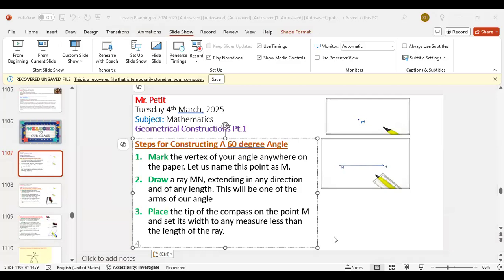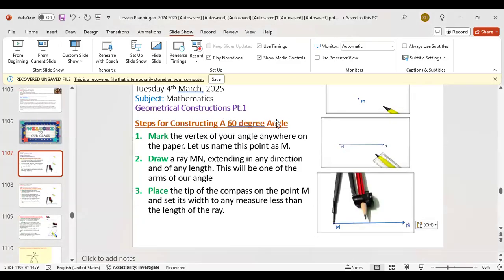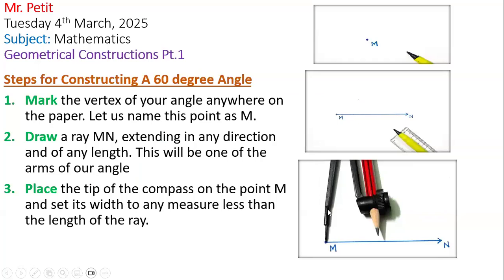Okay, good. So what we're going to do is take the compass, and I would say set it to a little less than half of the original line. So place the tip of the compass on point M and set its width to any measure less than the length of the ray. I wouldn't say any measure less than the ray.